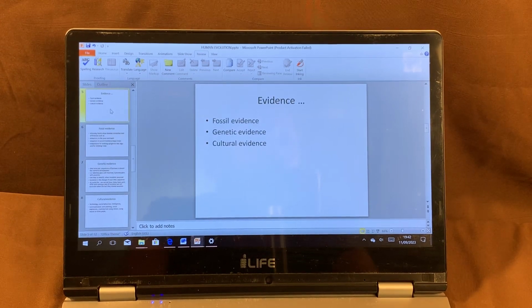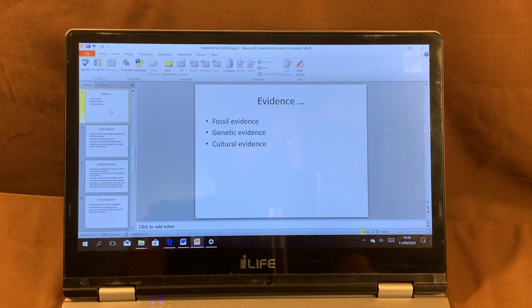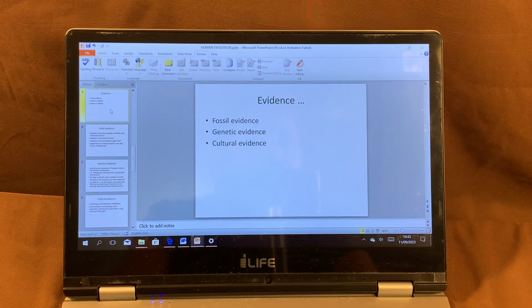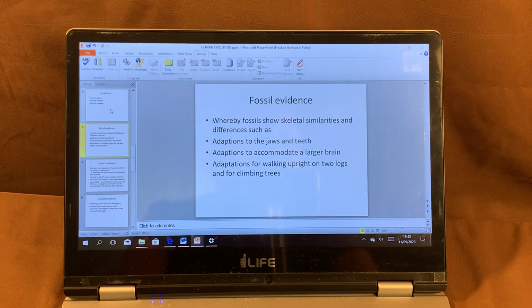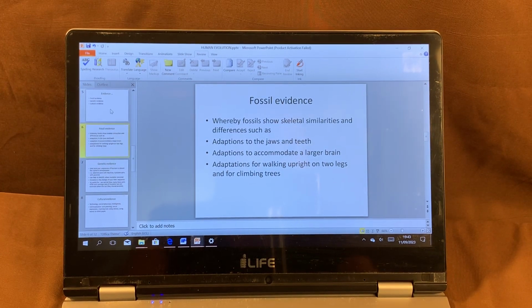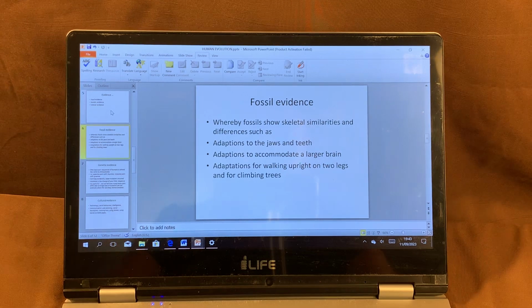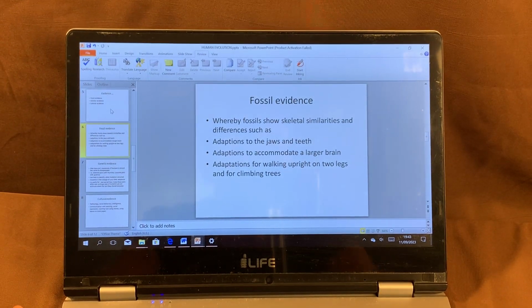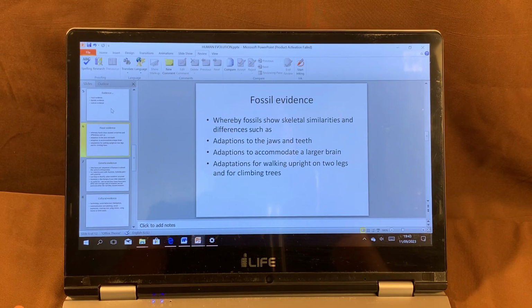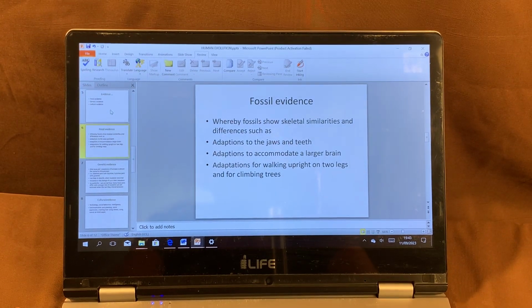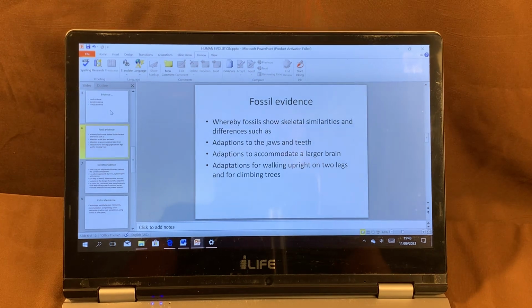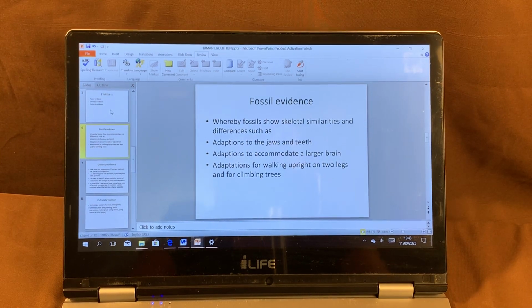Since we just said humans, chimpanzees and the bonobos share a common ancestor, we have 3 types of evidence to support that statement: fossil evidence, genetic evidence, and cultural evidence, okay? Fossil evidence is whereby skeletons, hard tissue of bodies that have been covered and found in sedimentary rocks, show similarities and differences, such as adaptations to the jaws and the teeth.